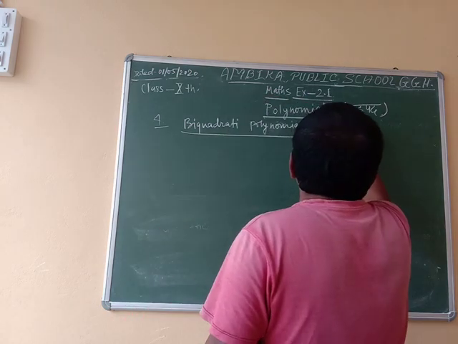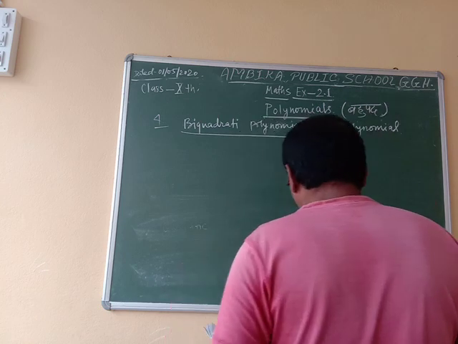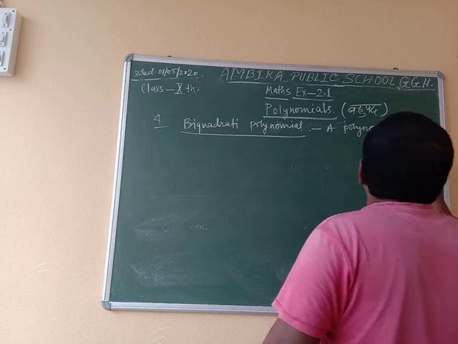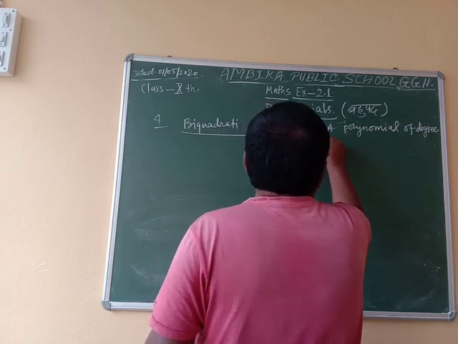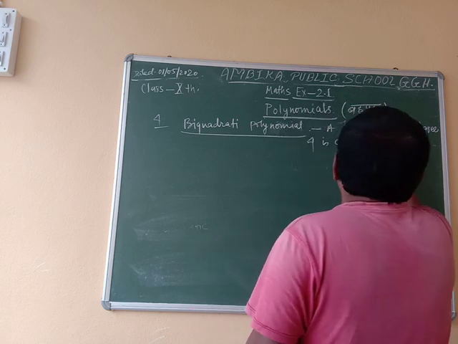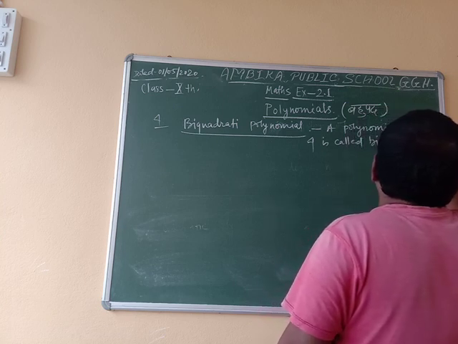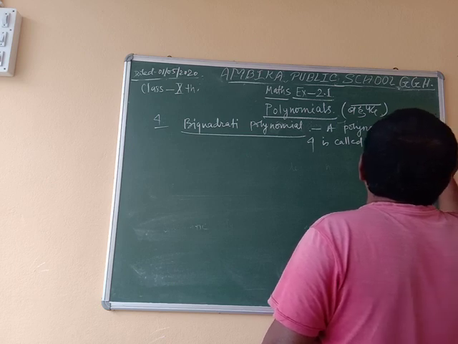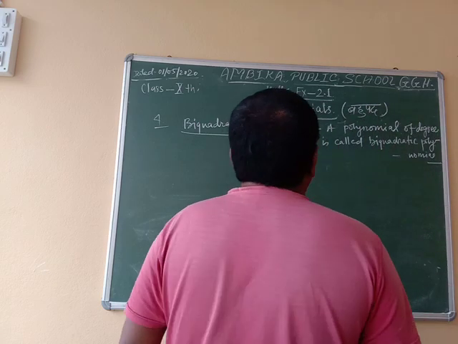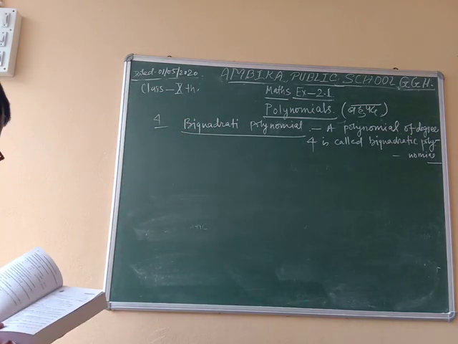A polynomial of degree 4 is called a biquadratic polynomial. यदि किसी बहुपद में x का घात 4 है तो उसे बाइक्वाड्रेटिक पोलिनोमियल कहते हैं.